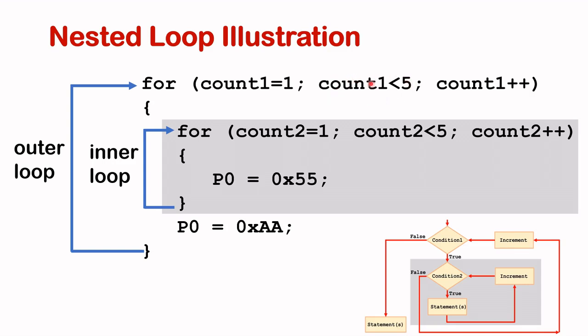So the outer loop would end when this condition is met, but until then it will repeat this part several times until this condition is false. Okay, let's take a look at a practical example of this nested loop.